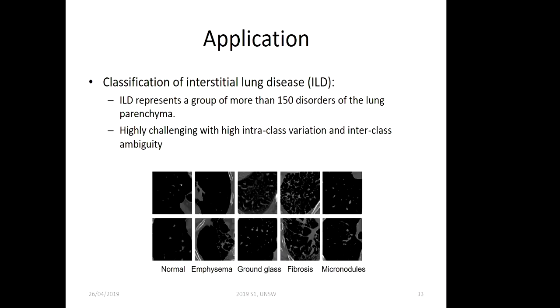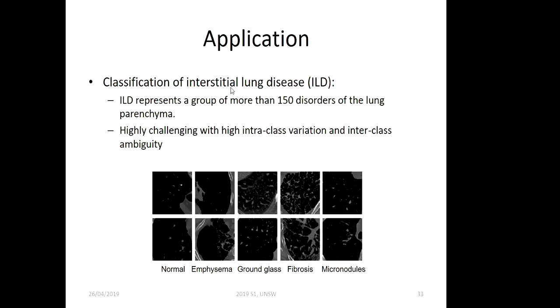So another application for this one is for medical images, for texture classification. These are CT images for lung diseases. Nowadays, in most cases, if a patient has a lung problem, they will do a CT scan.